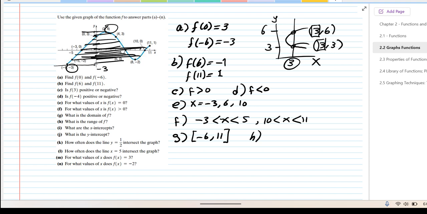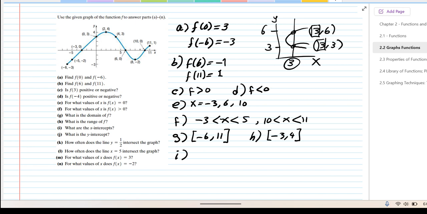This is -3 and this is 4 on the y-axis. So the answer is going to be from -3 to 4, and in interval notation we always go from low to high. There's part H.